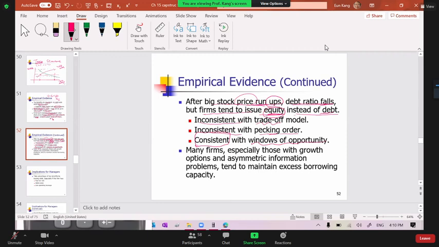Many firms, especially those with growth options and asymmetric information problems, tend to maintain excess borrowing capacity, or reserve borrowing capacity, same thing. They maintain that reserve borrowing capacity to borrow rather than issue stocks when they need money.